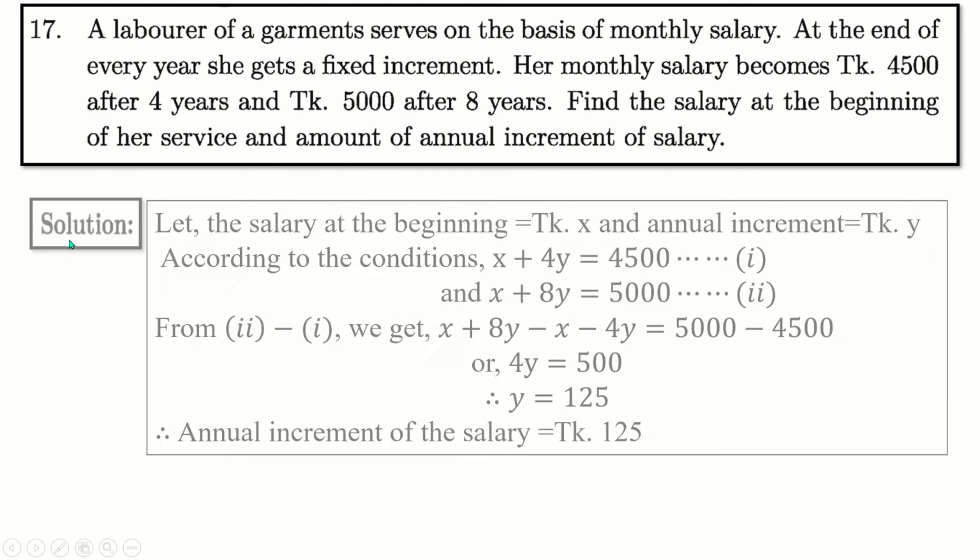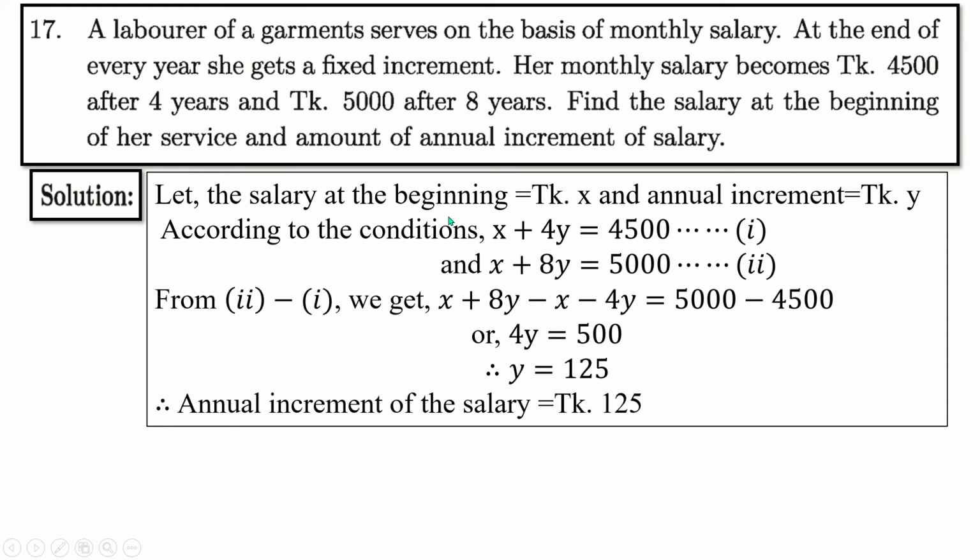Solution: let the salary at the beginning be taka x, and the annual increment taka y. According to the question, after 4 years salary will become 4,500. As the initial salary is taka x and the increment taka y, the 4-year increment will be 4 into y, so x plus 4y equals 4,500.